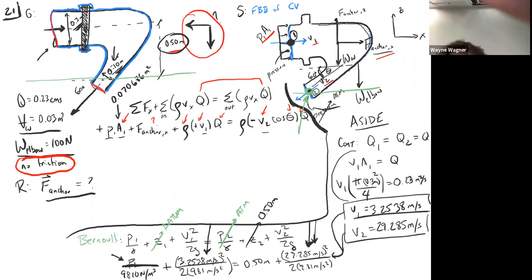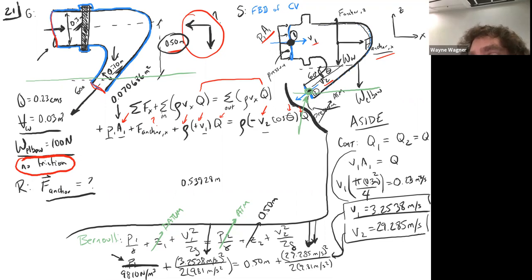Okay, so let's go ahead and solve this. Let's see here, 3.2528 squared divided by 19.62. So this term, I don't know that I have the space here. I'm going to work up real quick. 0.53928.